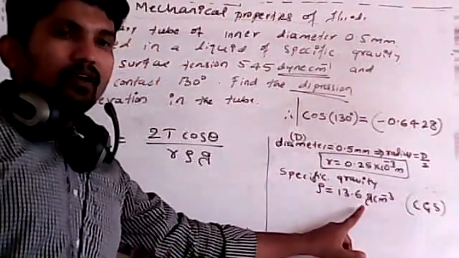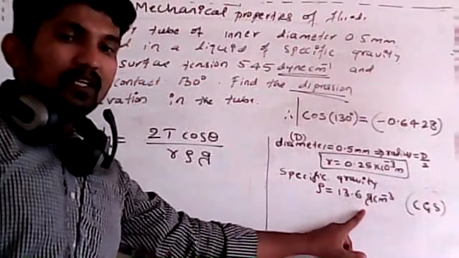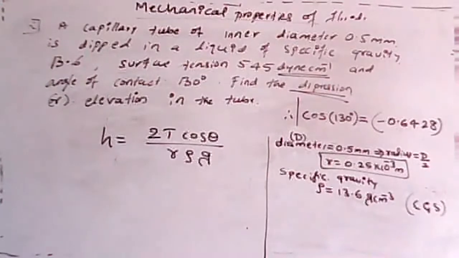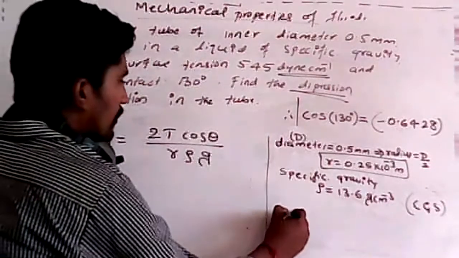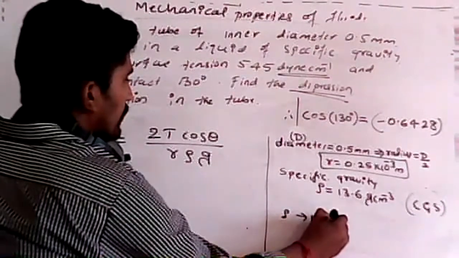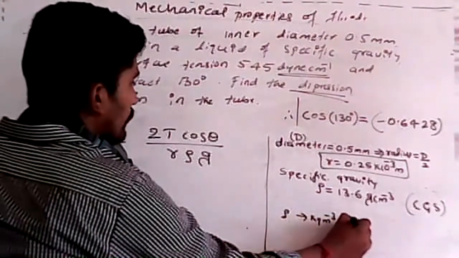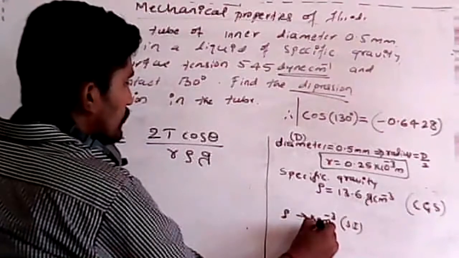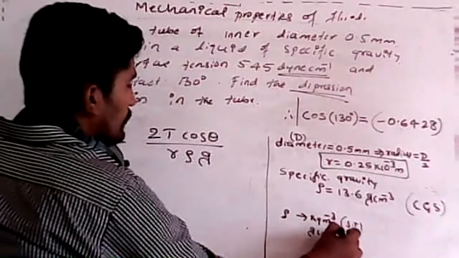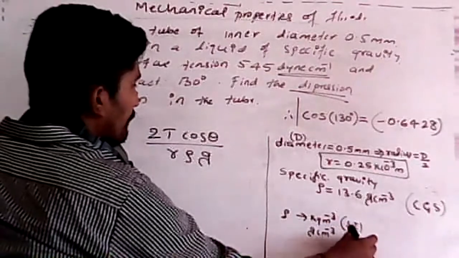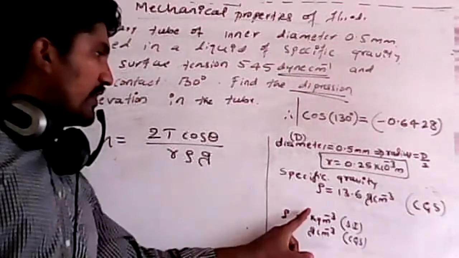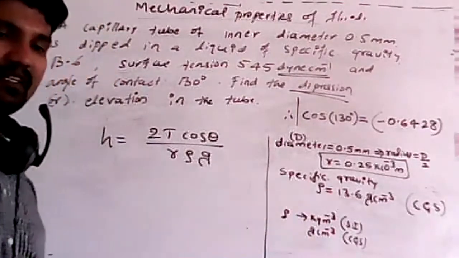If you express kg per meter cube, then it comes under SI. Normally the density SI unit is kg per meter cube, but in CGS unit it is gram per centimeter cube. See the difference: to express one physical quantity in two ways, in CGS as well as SI.